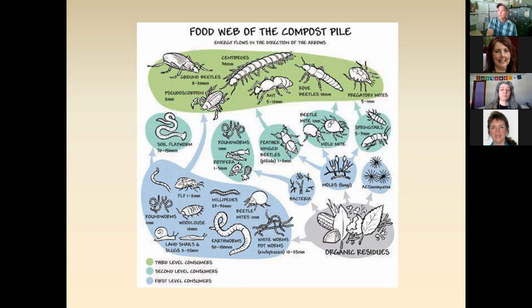And I'll just mention that sometimes you'll look in your pile and you might see some things that look a bit gross, like maggots or fruit flies. Those are all good things that you want in your pile. And if your fruit flies are getting really annoying, I recall some of the volunteers suggest freezing a lot of your kitchen waste, especially during canning season, and then parceling it out a bit at a time.